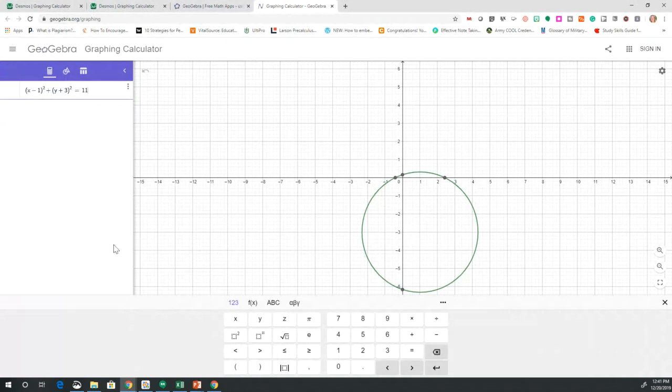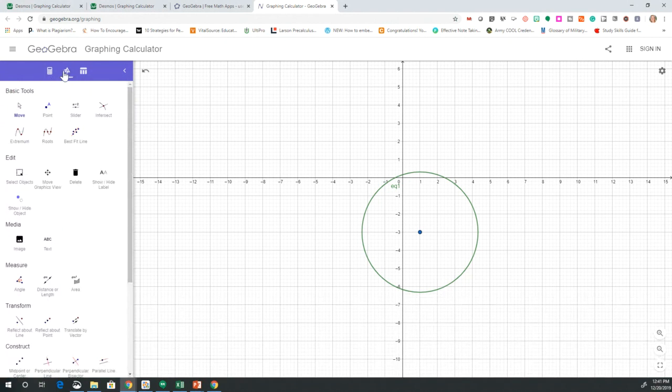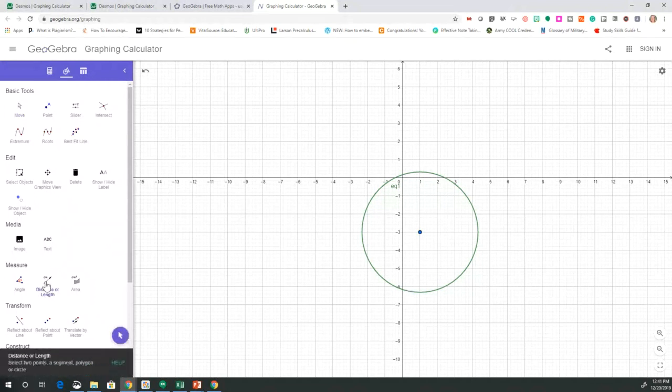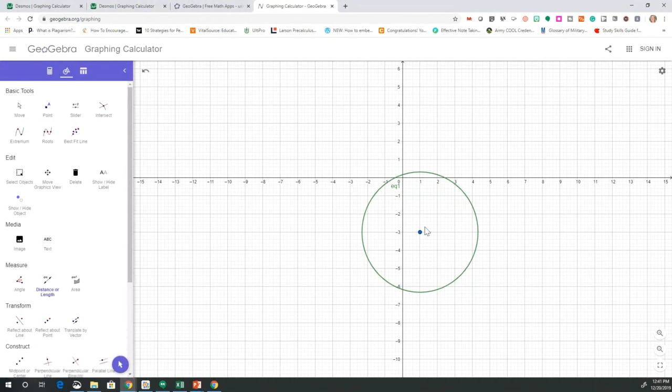But what's nice about GeoGebra is, let me put in the center that we found, 1, negative 3. If you go over to this middle tab here, it can measure things. And this is what makes it really nice. So we can measure the distance or the length. So I can click that button to measure, I'm going to measure the distance from the center here.